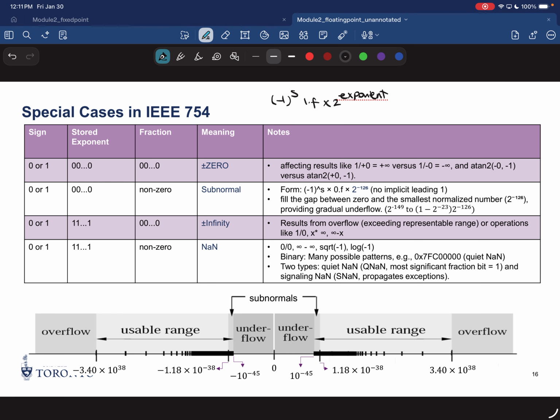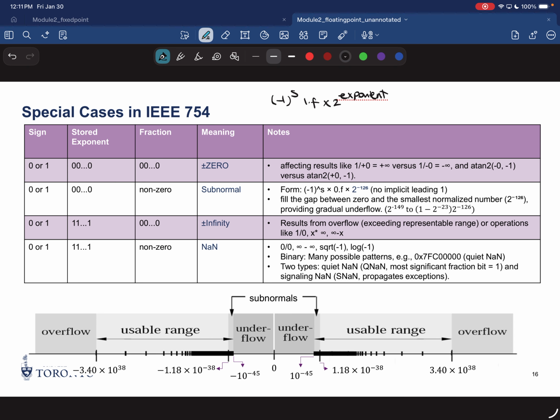And even though floating point is always a signed number, all of its parts are unsigned binary bits, basically, okay? The sign is basically unsigned.